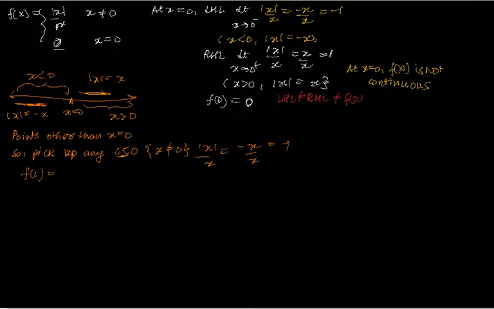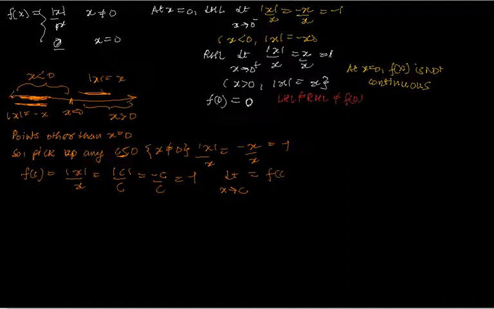Since you have picked up c somewhere here, it is in the domain of mod of x upon x. So that is mod of c upon c. If you substitute the value of c, this would be minus c upon c, which is equal to minus 1.